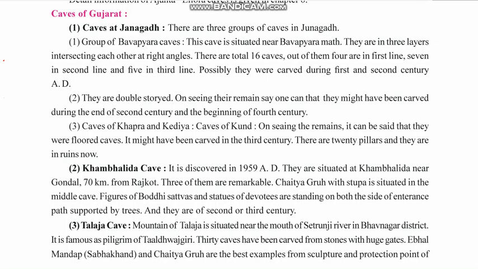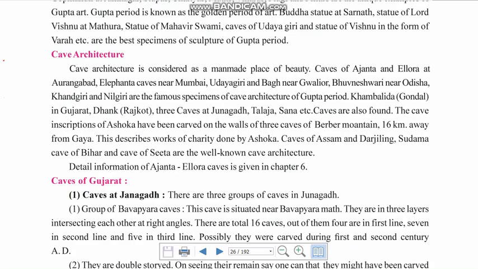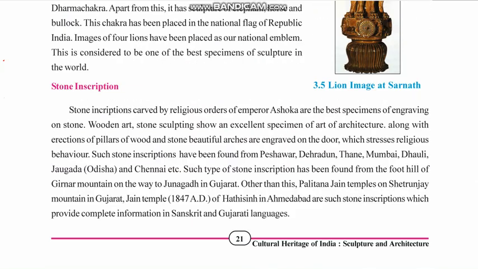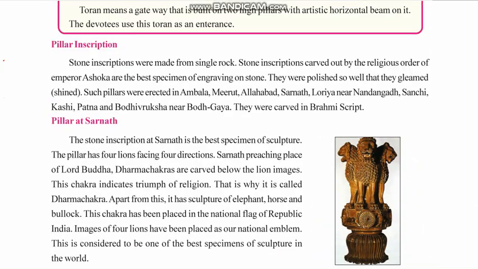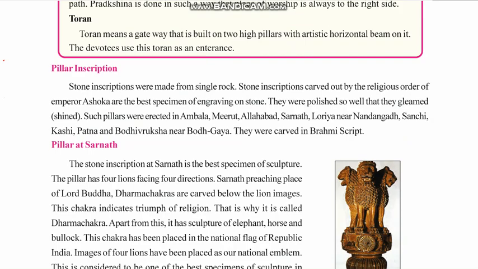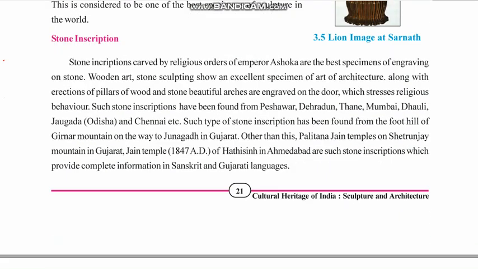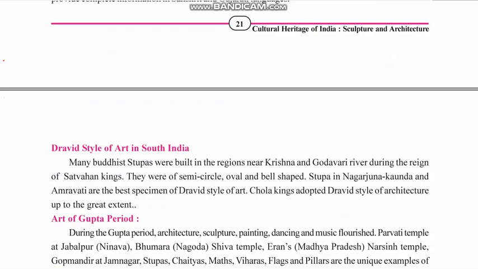In the previous lecture we had seen about the stone inscriptions, then the pillar inscriptions, the pillar at Sarnath. We also saw about the Dravidian style of art in South India.